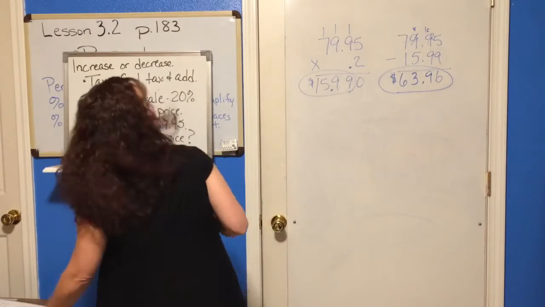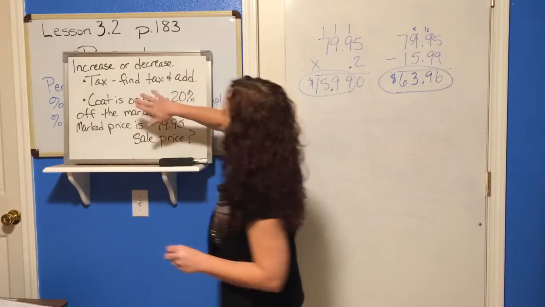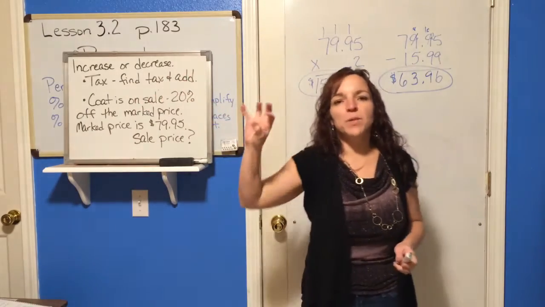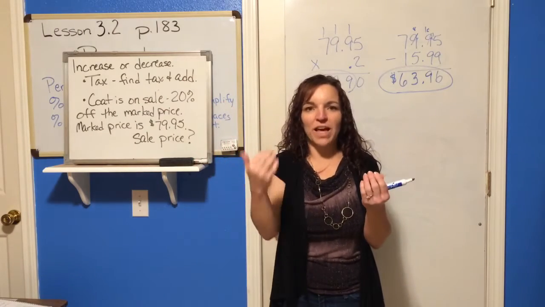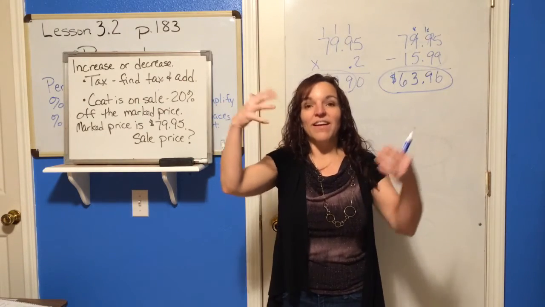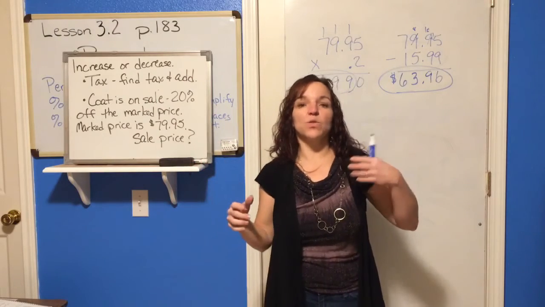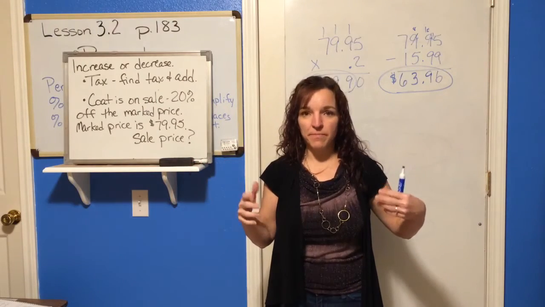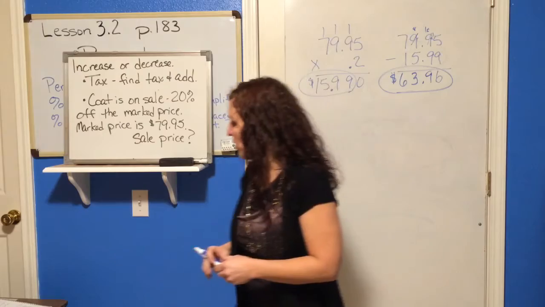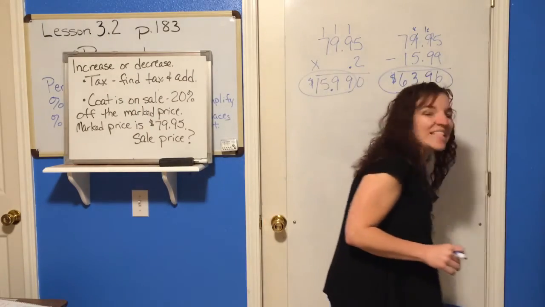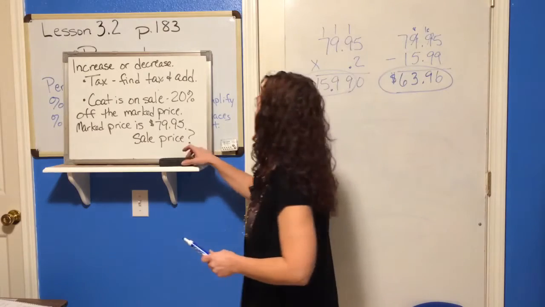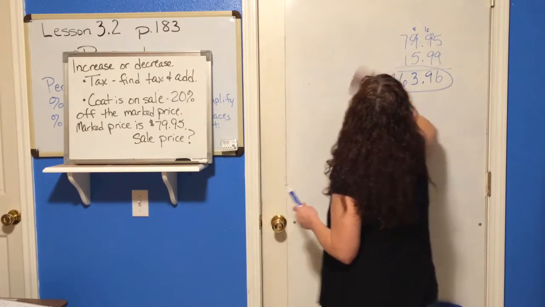All right, so with an increase or decrease, you find the percent of the increase or decrease. So find the amount by multiplying the percent times the original, and then you add it if it's an increase or subtract it if it's a decrease. All right, one more type of problem we've got, and this is a percent increase or a percent decrease.